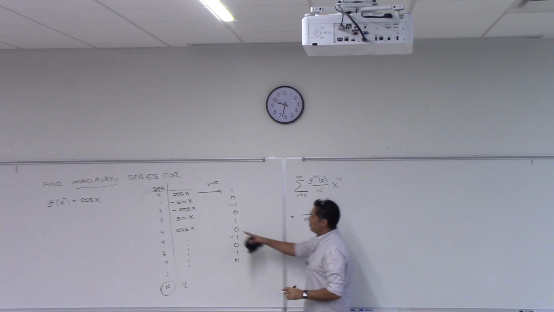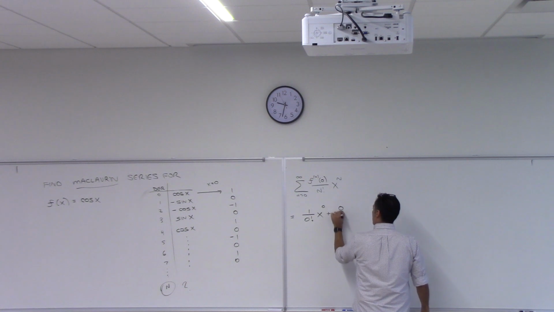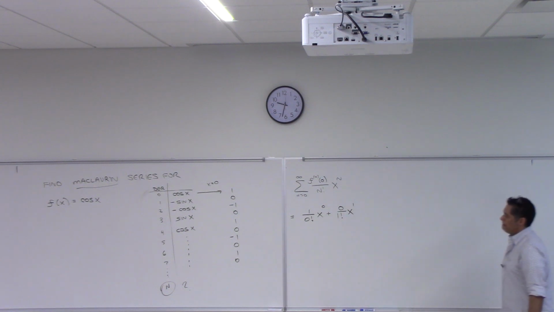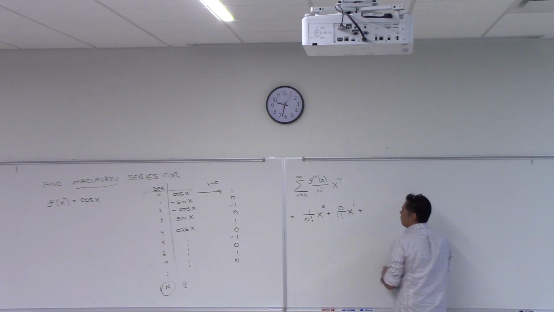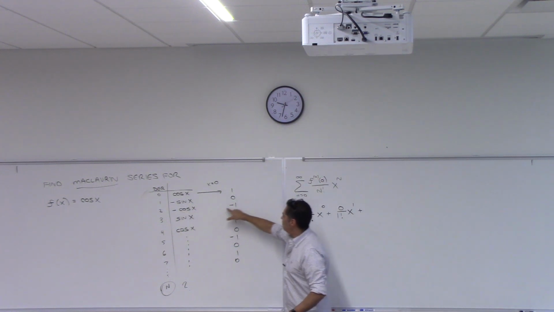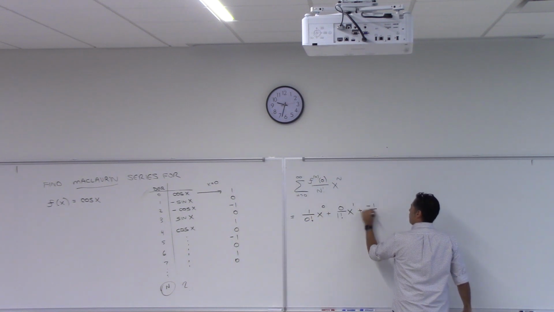So we want the first derivative at 0, which is 0 over 1 factorial x to the first. And then plus, now we're ready for 2 to be plugged in. The second derivative at 0 is negative 1 over 2 factorial x to the second.